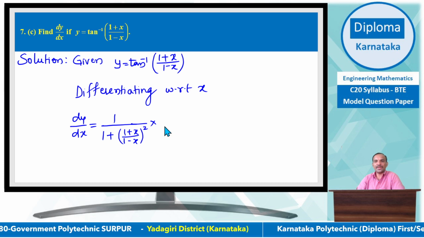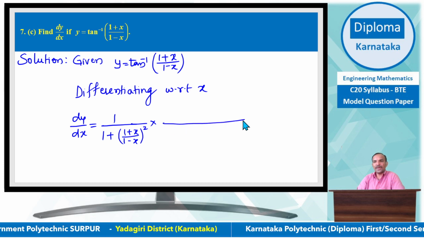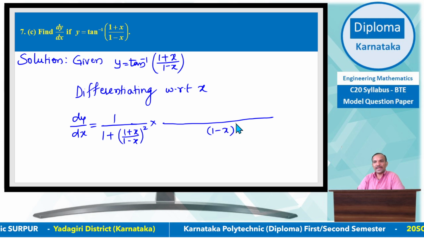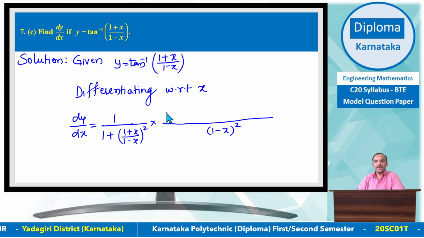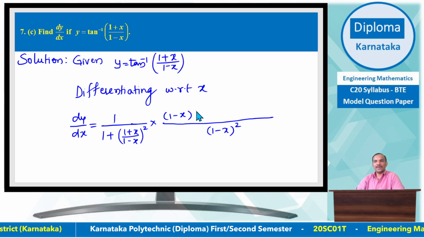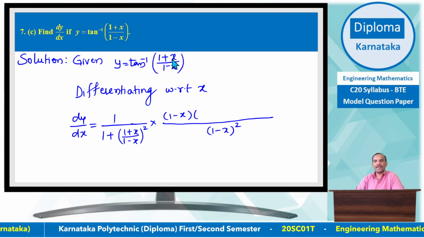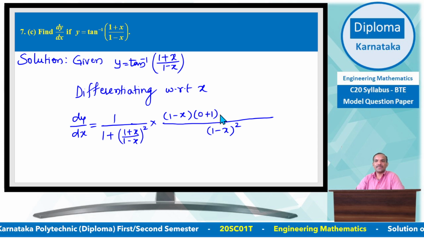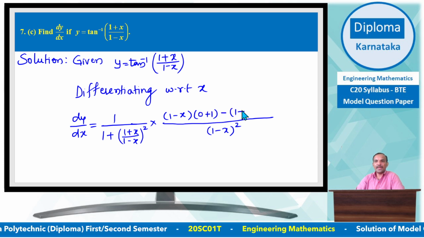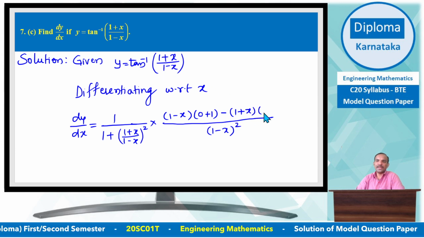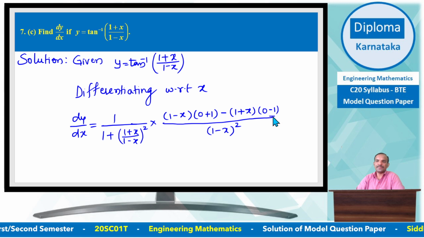This bracket's differentiation by the u by v rule: denominator square, that is v square, (1 minus x) whole square, 1 minus x as it is. Numerator differentiation is 1 plus x differentiation, 1 differentiation is 0 plus x differentiation is 1, minus 1 plus x as it is, into 1 minus x differentiation, which is 0 minus 1.